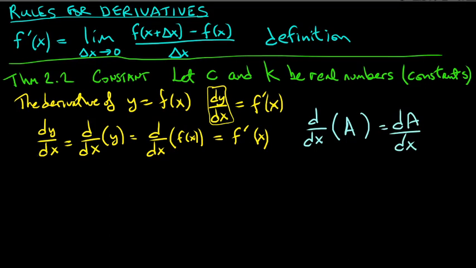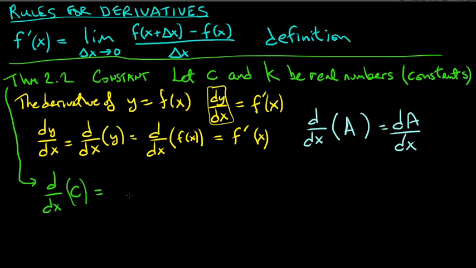Okay, so with that, now we can go back to theorem 2.2. So we want to take the derivative of c. What's the derivative of a constant? Well, remember that the derivative represents the rate of change of a function. So if c is a constant, it's not changing. A constant is a number.